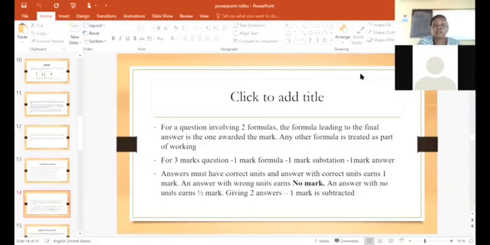That means it is better to leave the answer without units if we are not sure of the units, other than writing the wrong units. Because you end up scoring half a mark, which might be beneficial in the end.